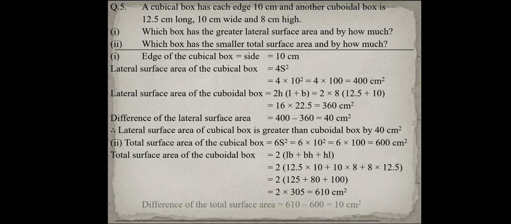Find the difference. 610 minus 600 equals 10 centimeter square. It means the total surface area of the cubical box is less than the cuboidal box by 10 centimeter square. Now move on to question number 6.